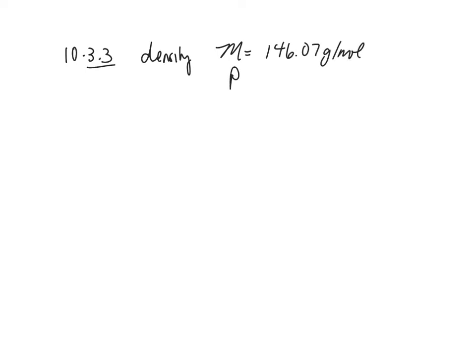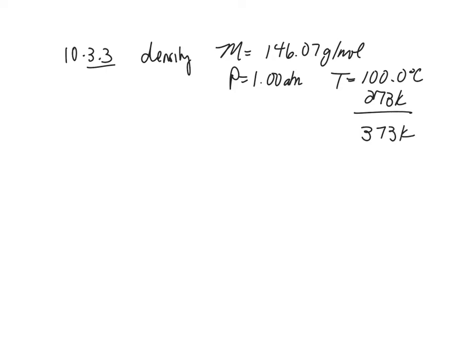Okay, so let's do 10.3.3. Determine the density of a gas with a molar mass of 146.07 grams per mole at 1 atmosphere and temperature of 100 degrees Celsius. Once again, I'm going to go ahead and add 273 to make that 373 Kelvin.